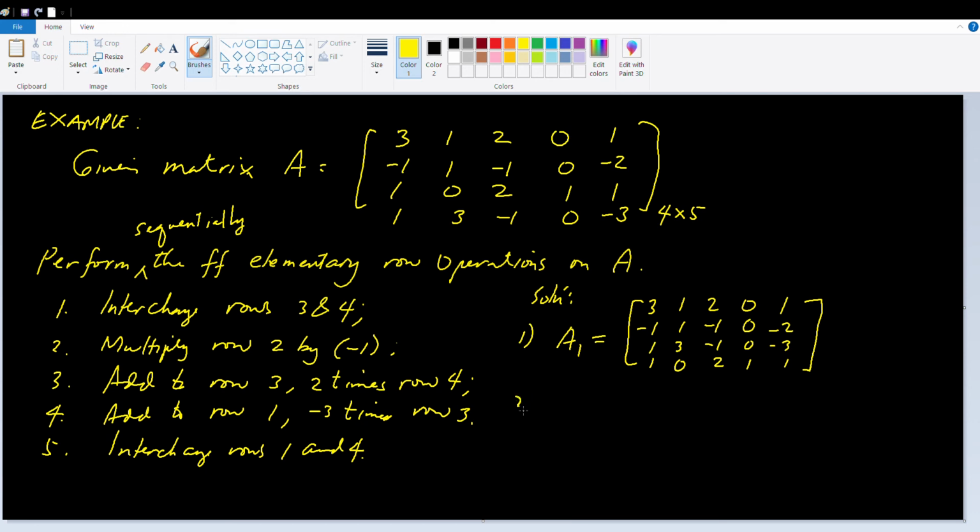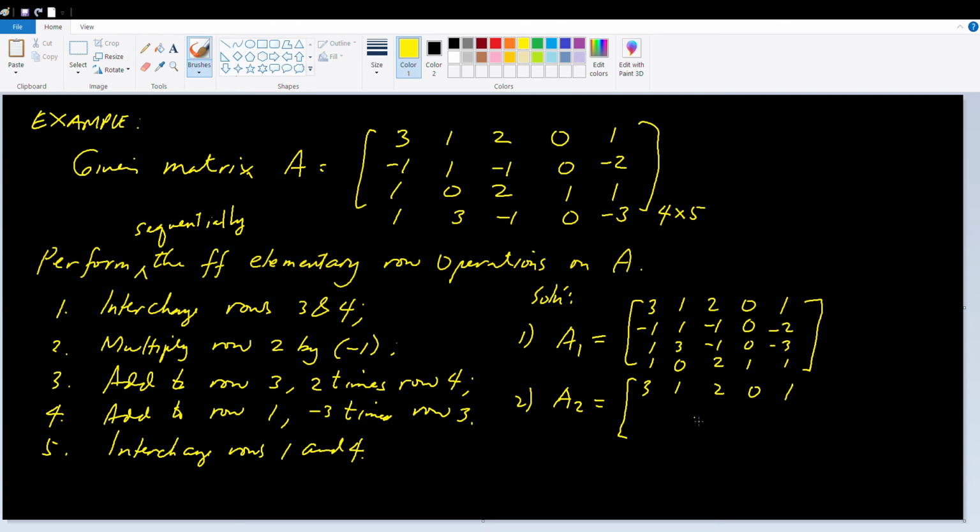Now, the second operation, we multiply row 2 by negative 1, so it will result in another matrix, call it A sub 2. Since we will work on row 2, all the other rows will be retained. So, row 1 will be retained, 3, 1, 2, 0, 1.